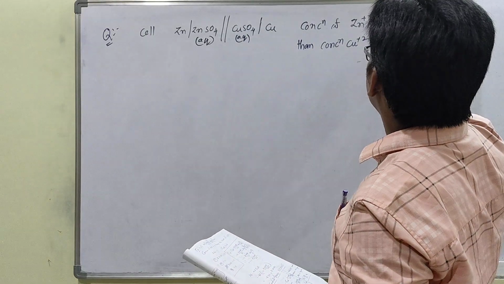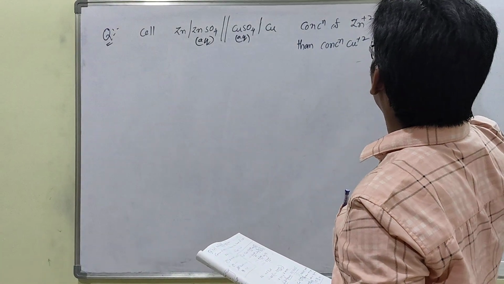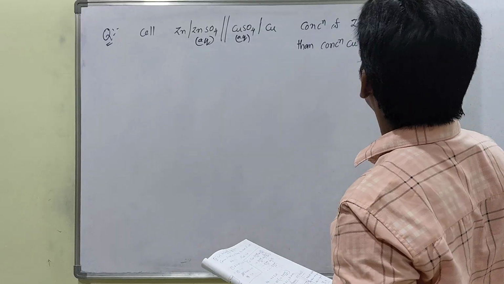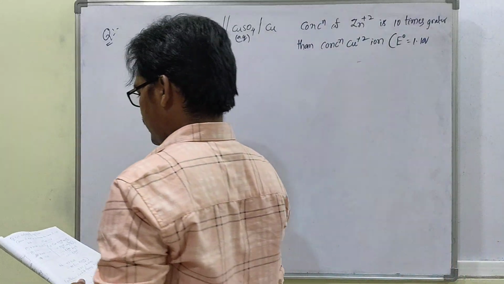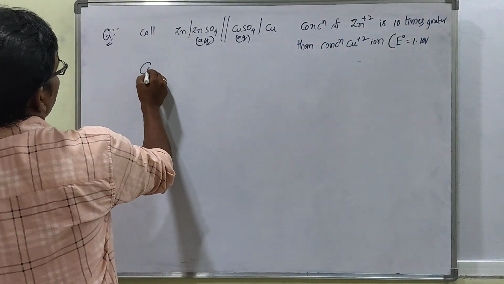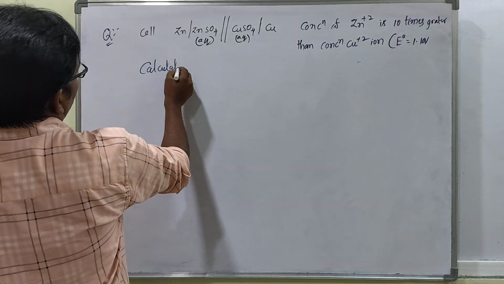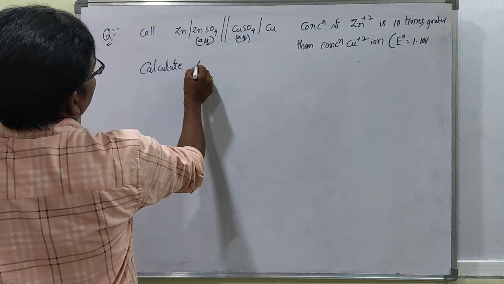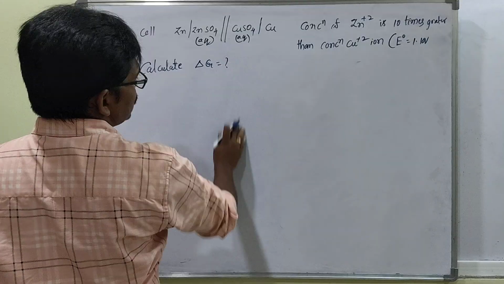Then E naught cell is given, E naught cell equals 1.10 volts. So calculate delta G, that is the question.